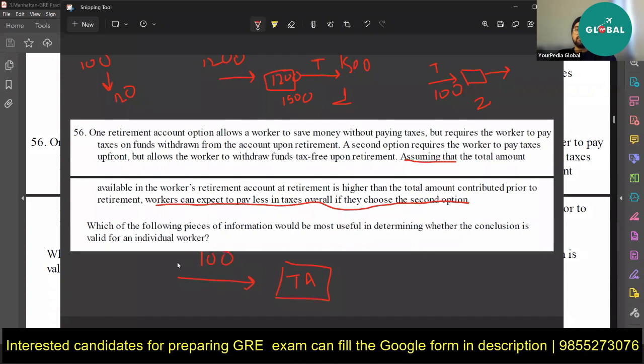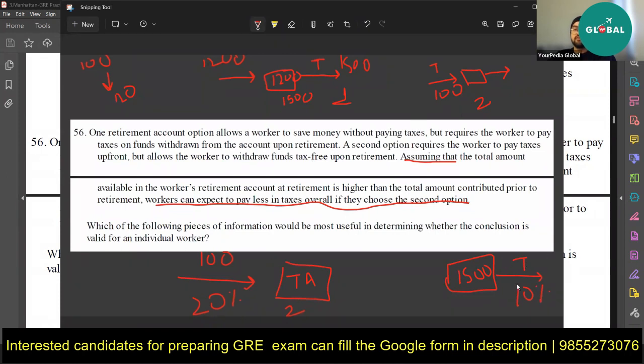So he's putting some money from his salary every month in this tax account, that is 100. If you're paying tax upfront, this is the second option, you're paying tax upfront on 100 rupees, it would be 20%. And if you are extracting money, that is more, that is 1500. But when you are extracting money out and you have to give the tax here, it is 10%. Then this whole argument is wrong.